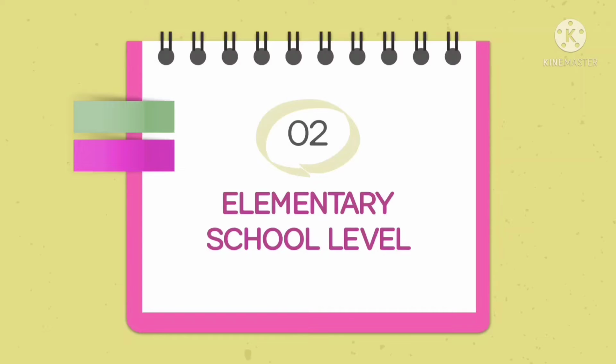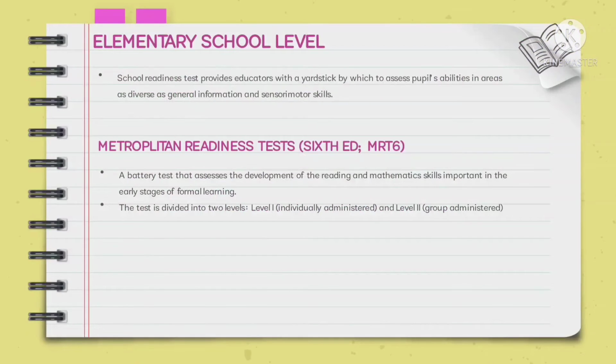Children entering the educational system come from a wide range of backgrounds and experiences, and their rates of physiological, psychological, and social development also vary widely. School readiness tests provide educators with a yardstick by which to assess pupils' abilities in areas as diverse as general information and sensory motor skills.